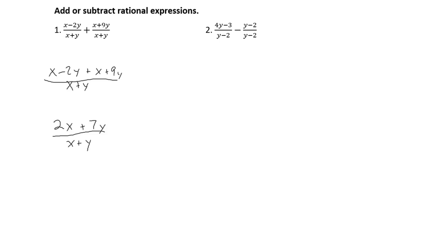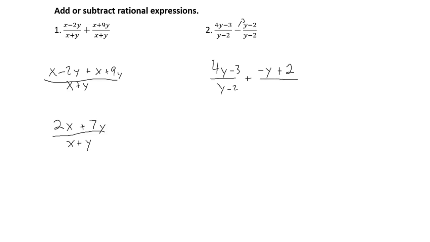Now, one of the things that I do with my subtraction problems is I always make them addition. So I will go ahead and rewrite this as 4y minus 3 over y minus 2 plus, now what I'm going to do is kick that negative up and now make it a negative y plus 2.